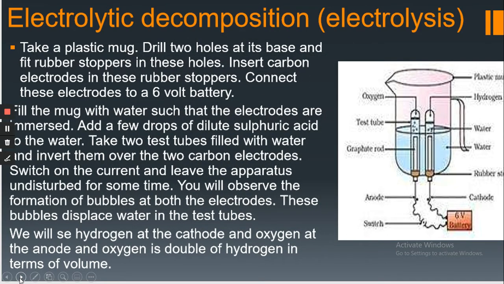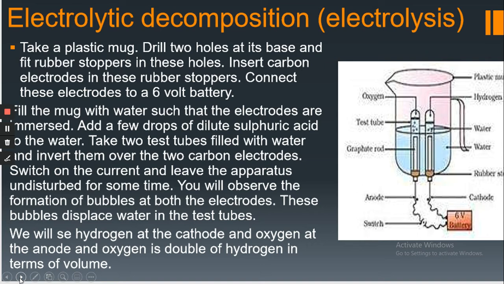Now, electrolytic decomposition. Electro means electricity or charge. So, for this, we will perform an activity. Take a plastic mug and drill 2 holes at its base and fit rubber stoppers in these holes. Insert carbon electrodes in these rubber stoppers.